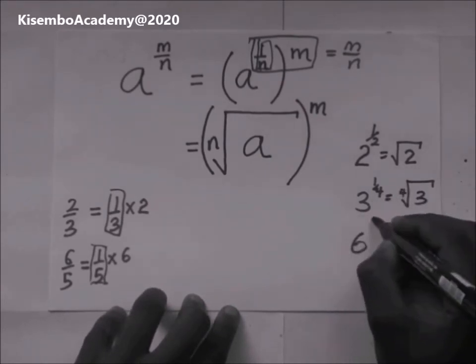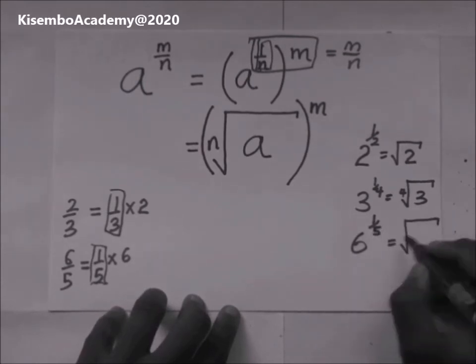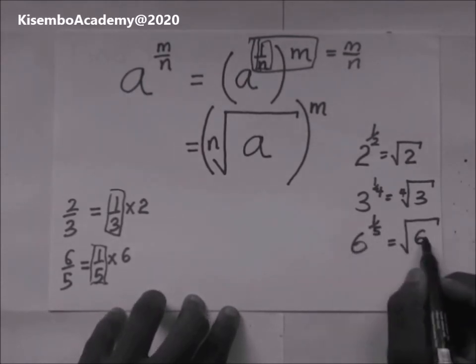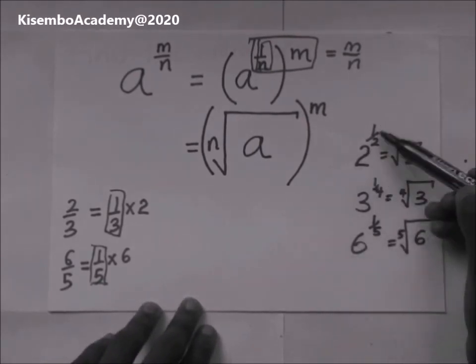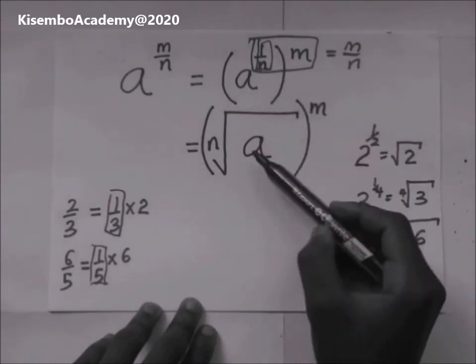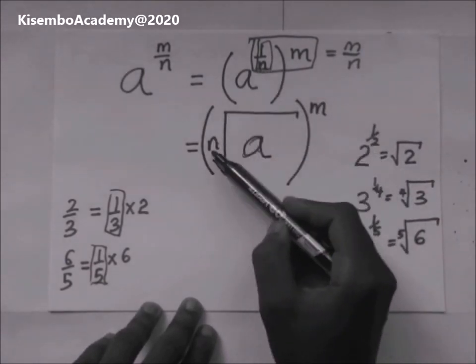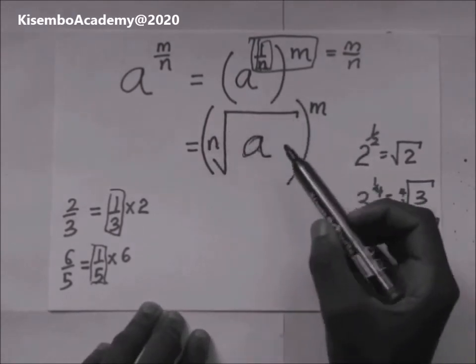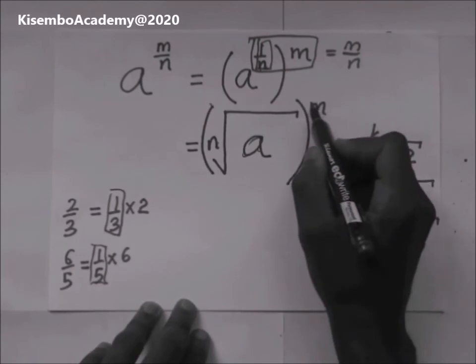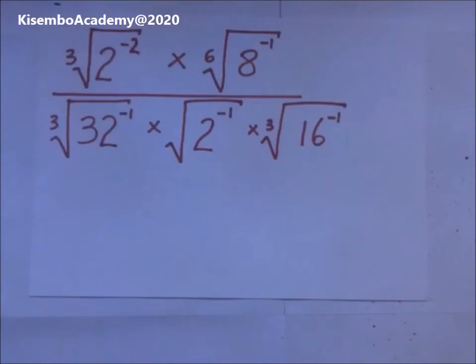If it is 6 to the power 1 over 5, it is equivalent to the fifth root of 6. That is what this means, 1 over n. So here we have the nth root of a, n can be any number, of course not 0, then all this is to the power m. And this is the interpretation of that.